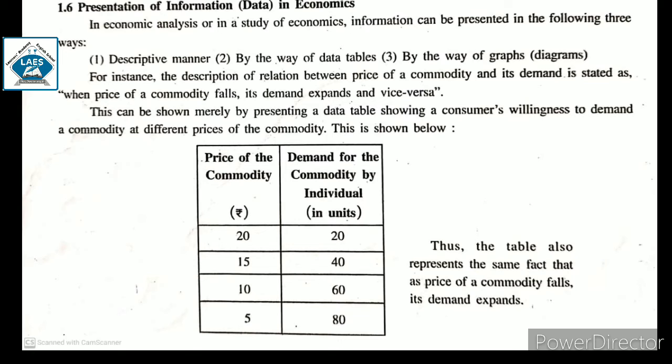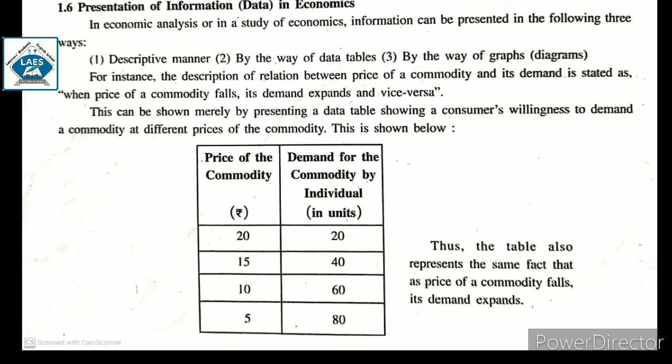Second column says the demand for the commodity by individuals in units. When the price of the unit is 20 rupees, 20 units are bought. When the price falls down, 40 units are bought. 10, 60 units, 5, 80 units.